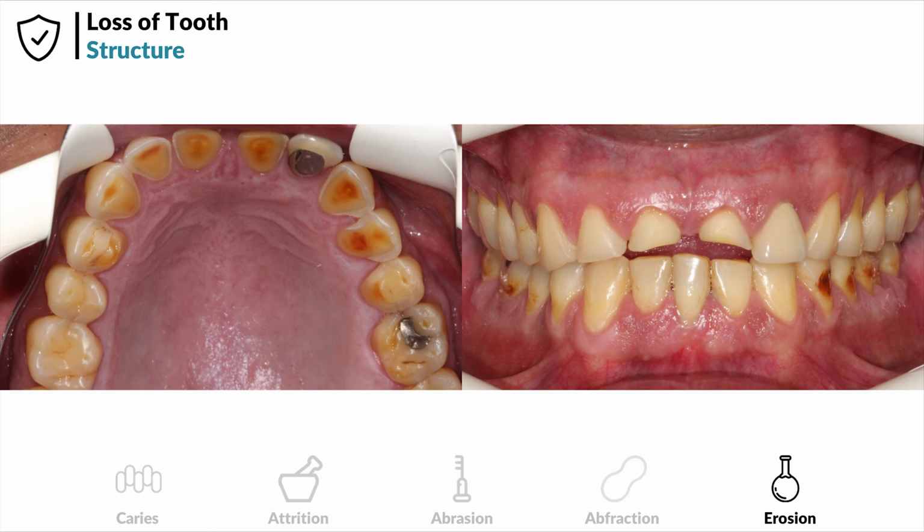Yeah, patterns of erosion, so let's think about this, right? So we'll say bulimic patients generally, it's going to be heavy towards the anterior. How about a GERD patient? Would that be commonplace all over? Generally what we've seen is that sometimes patients have these GERD episodes at night, usually sleeping.